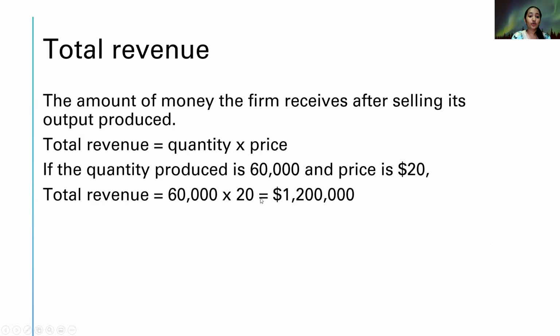Next, total revenue. The amount of money the firm receives after selling its output produced. Total revenue is equal to quantity into price. If the quantity produced is 60,000 and the price is $20, the revenue will be 60,000 into 20, which is $1,200,000. So this is total revenue.